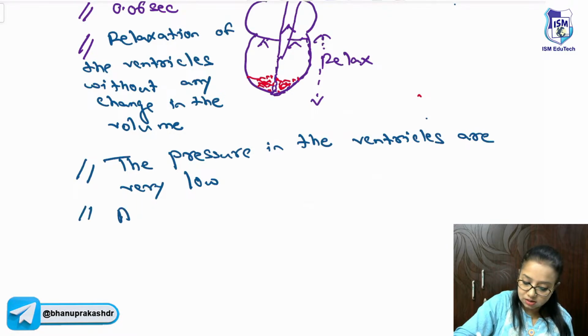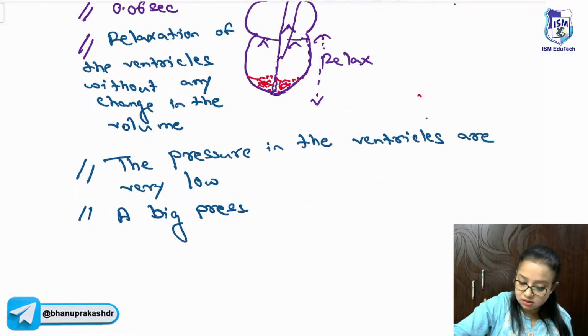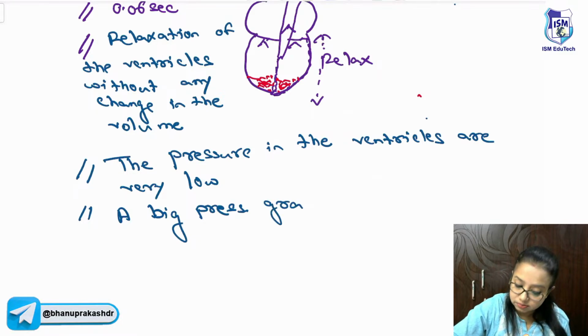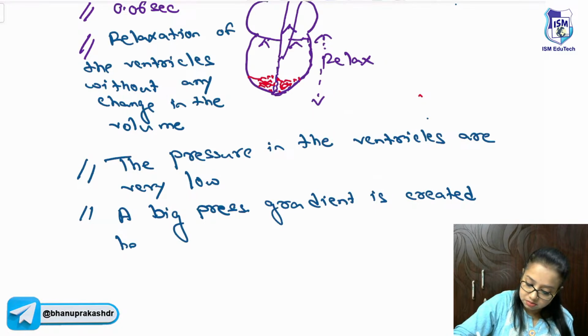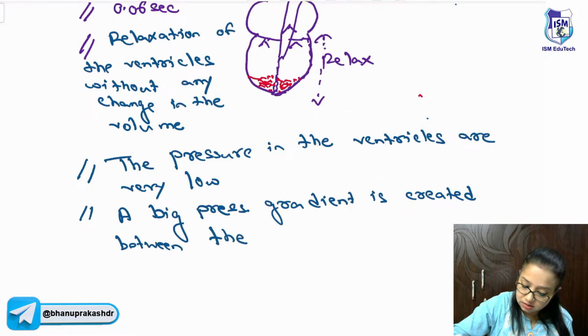So a big pressure gradient is created between the atria and ventricle.